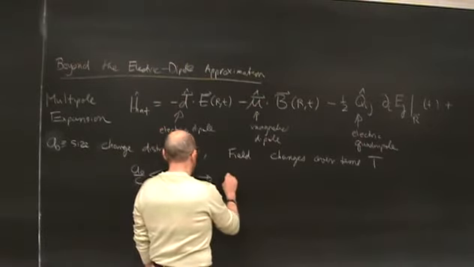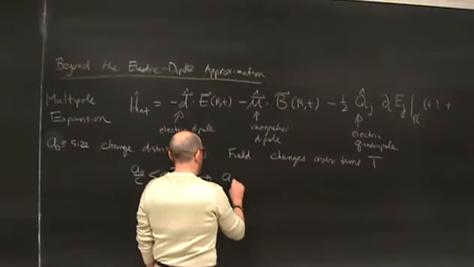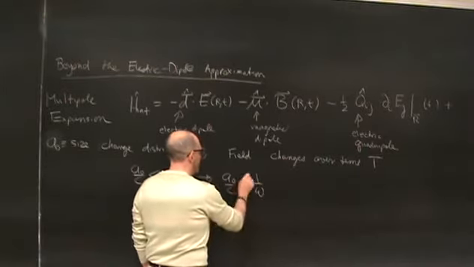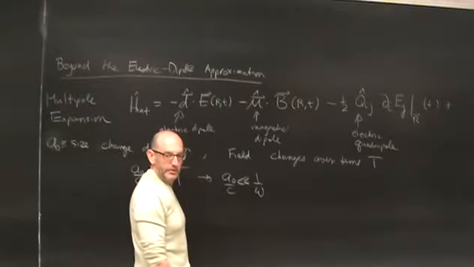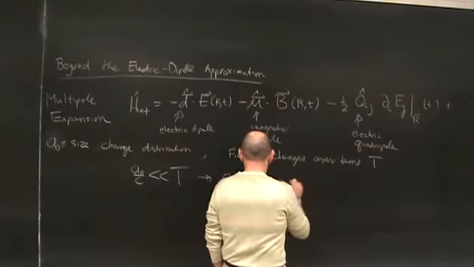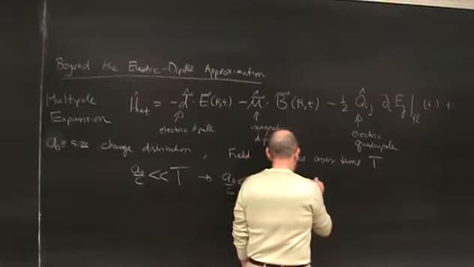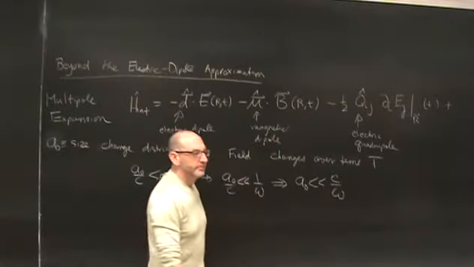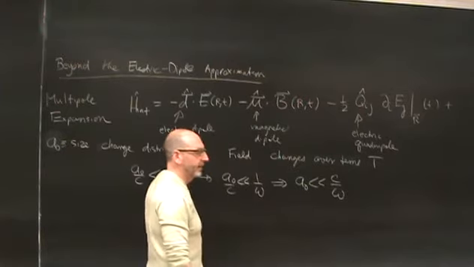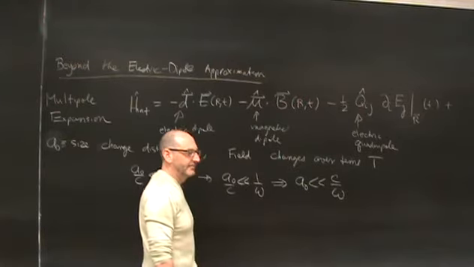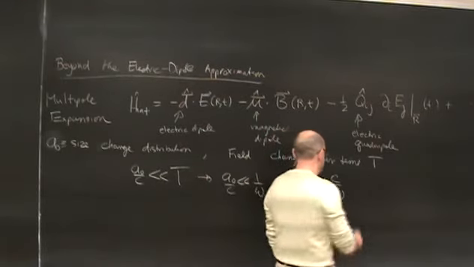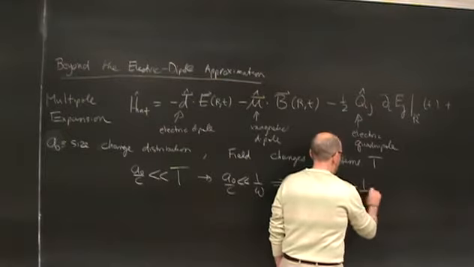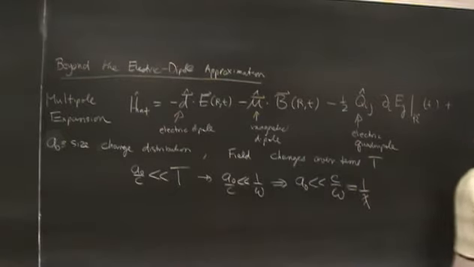Then the time scale is 1 over omega, and we want the propagation time to be much, much less than 1 over omega. That is to say, the size of the sample is tiny compared to c over omega. And what's that? That's the wavelength over 2 pi, lambda-bar.